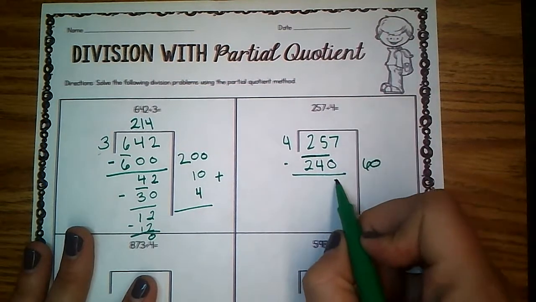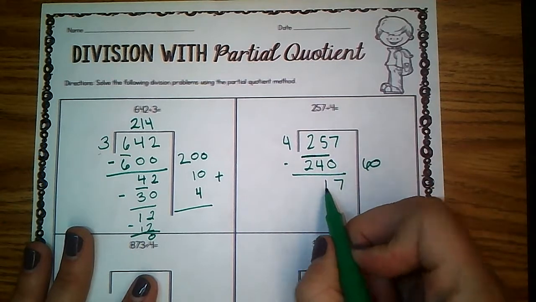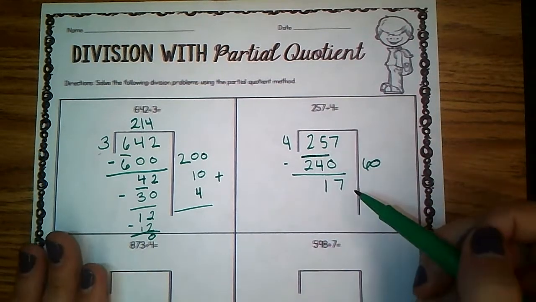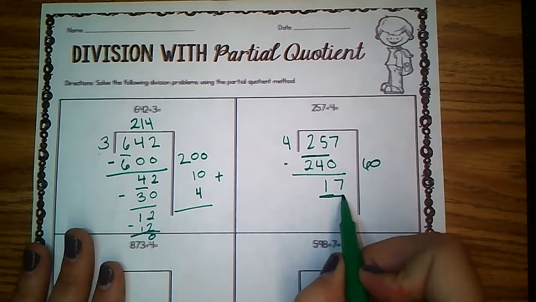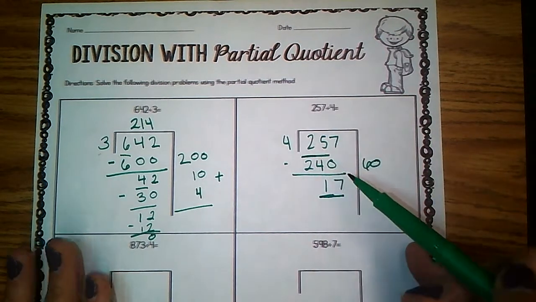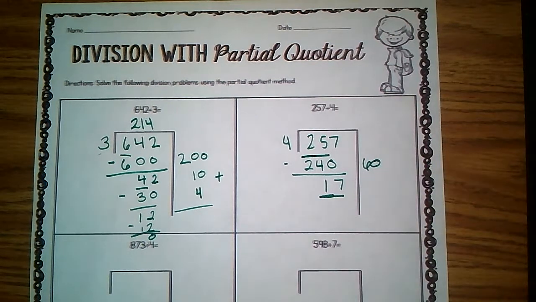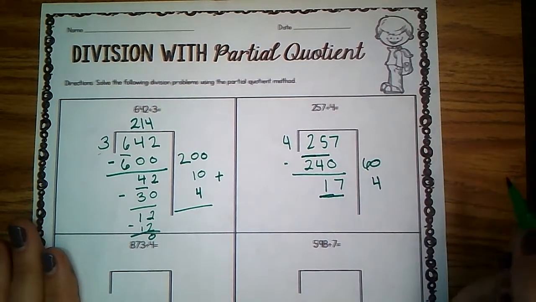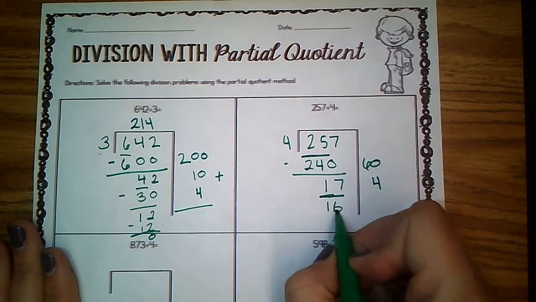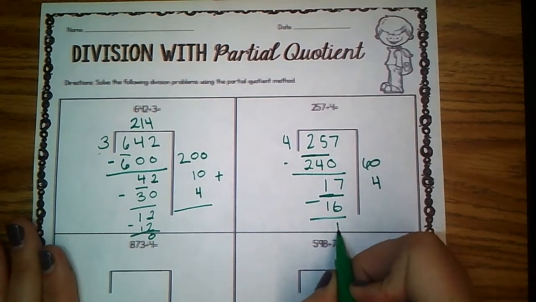7 minus 0 is 7. 5 minus 4 is 1. 2 minus 2 is 0. I know that 4 can't go into 1, so I'm going to underline both numbers. 4 times what can give me close to 17 without going over? I know that 4 times 4 equals 16, and subtract, and I get 1 left over.